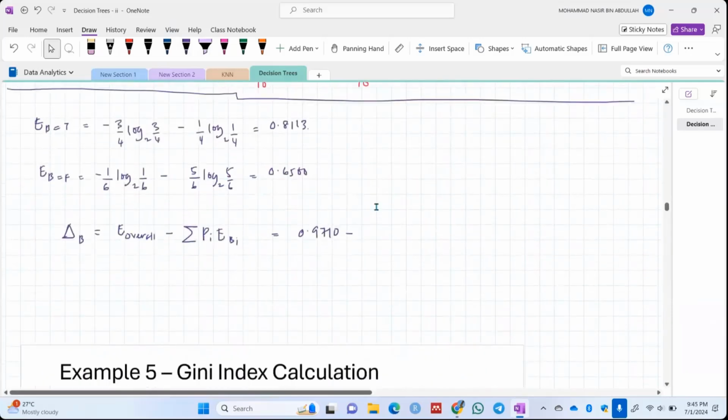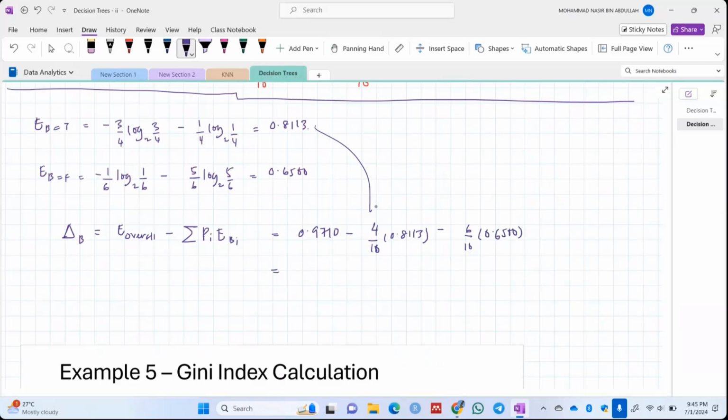False is 6 over 10. So 4 over 10 multiplied with 0.8113, and minus 6 over 10 multiplied with 0.6500. So this one should be equal to 0.2565.